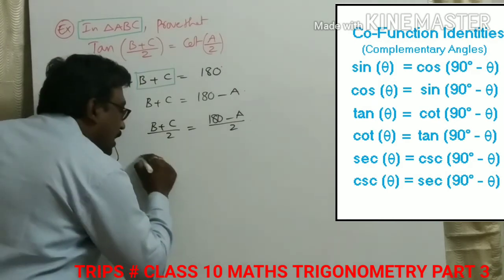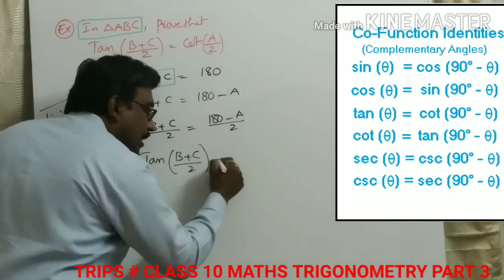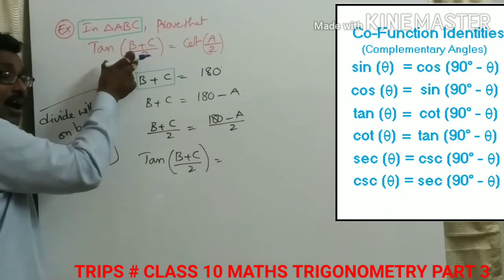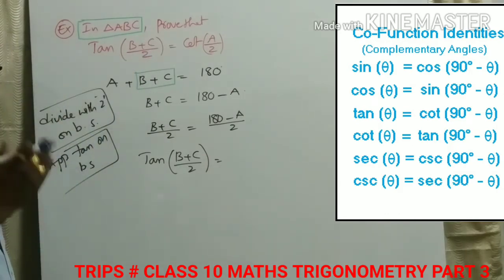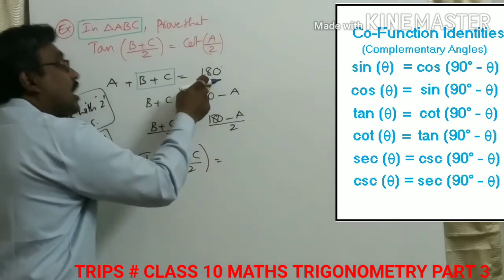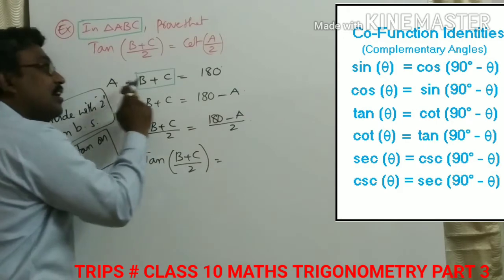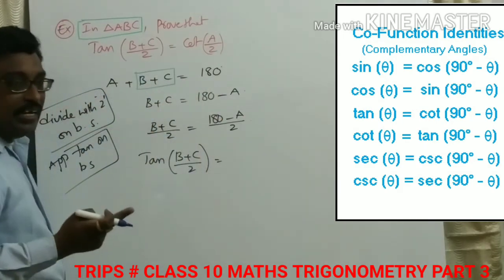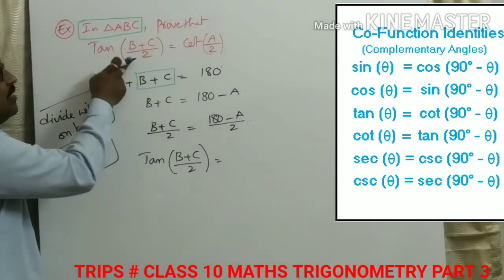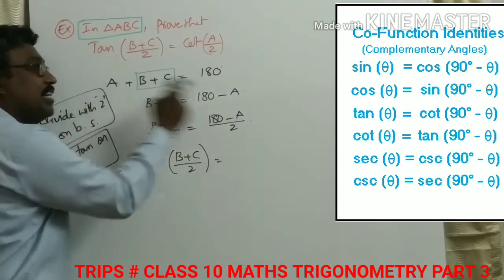So tan (B plus C) by 2 is equal to, see, I came to the LHS of my question step by step. How did I take A plus B plus C is equal to 180? Because it is in triangle ABC, and in triangle ABC the sum of three angles is 180. Now, why did I separate A only? Because in the question B plus C is together, so I sent A to that side.